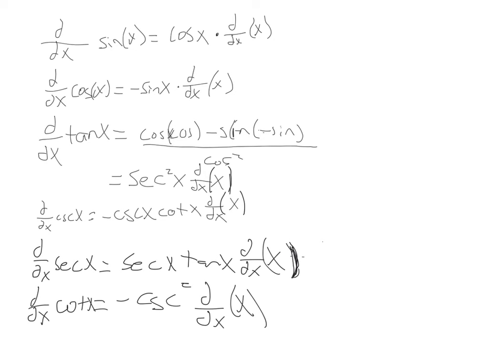I differentiate it, right? So I have to find the derivative of x cosine of x. Please note you're looking at a product: x times the cosine of x. I have to use the product rule, where I take the first factor times the derivative of the second plus the second factor times the derivative of the first.